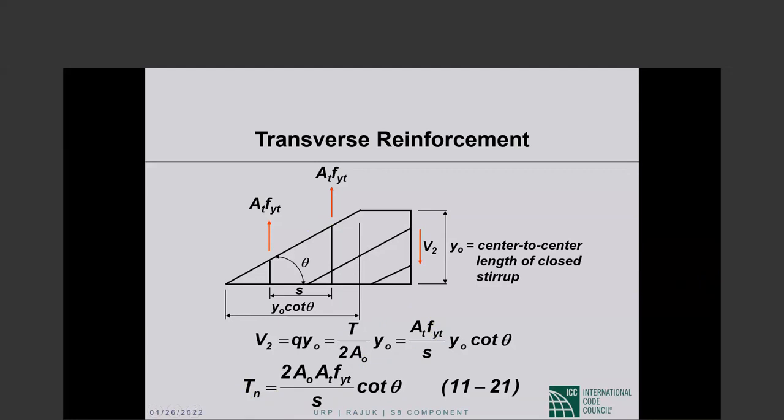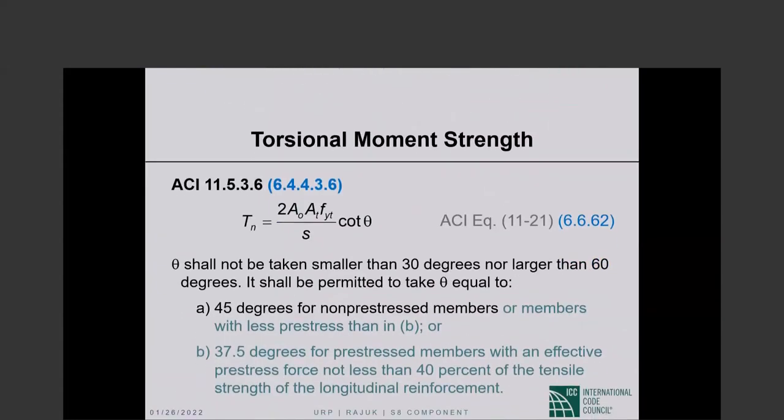So the expression for T sub n that we rewrote: theta shall not be taken smaller than 30 degrees nor larger than 60 degrees. It shall be permitted to take theta equal to 45 degrees for non-pre-stressed members or members with less pre-stress than indicated here.